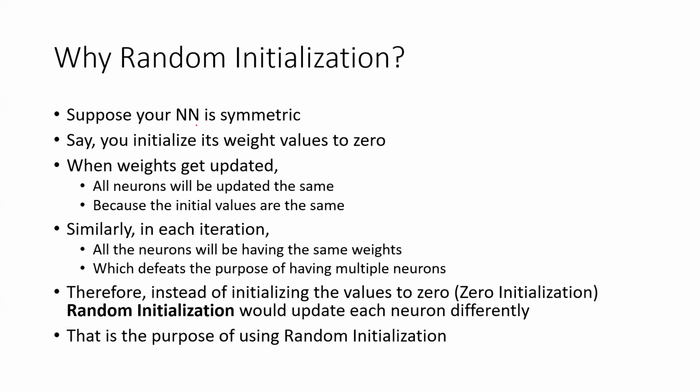Otherwise, for the weight vectors in the neural network, if you are using zero initialization for the weight vectors, all the values will get updated simultaneously. That means all the zeros will be updated to the same value. Adding multiple neurons in the neural network will not matter because all the weights will be similarly updated, right?